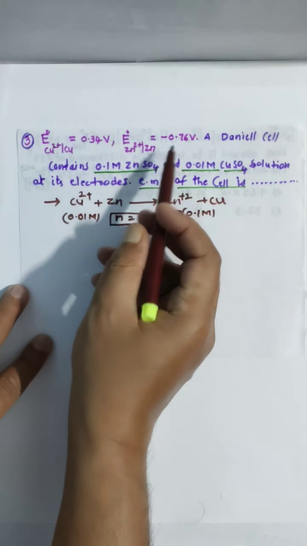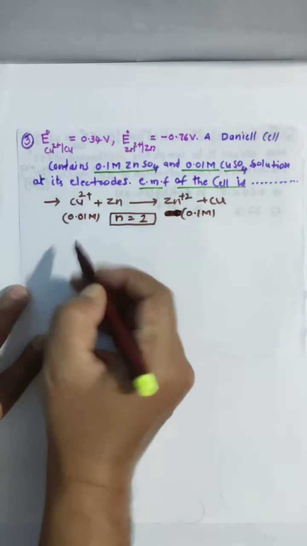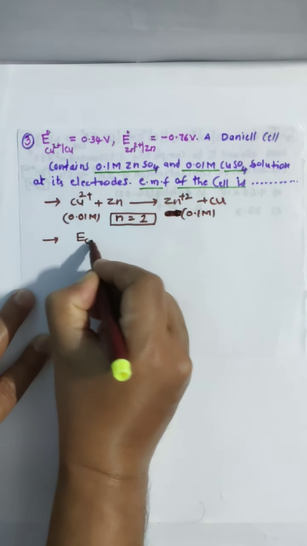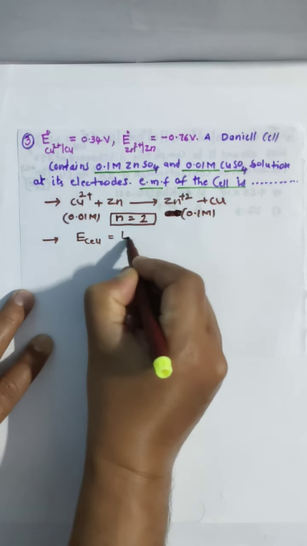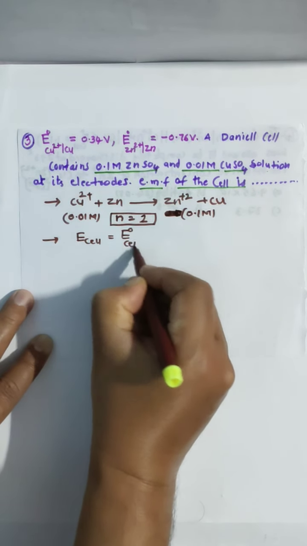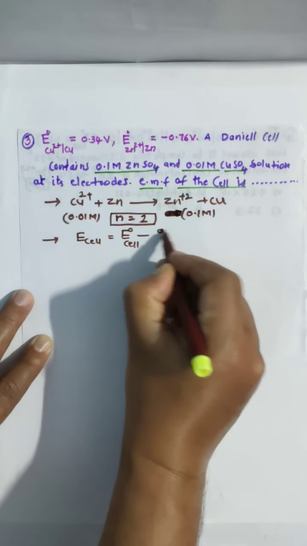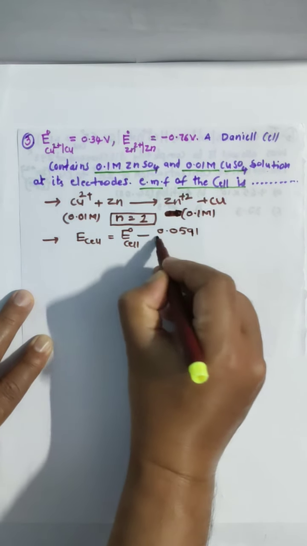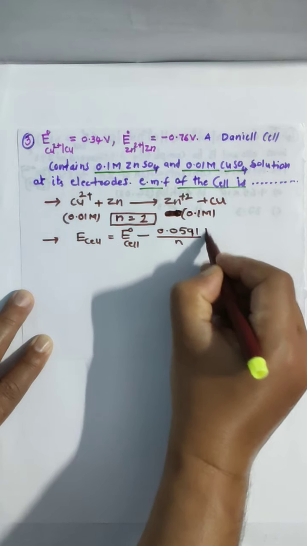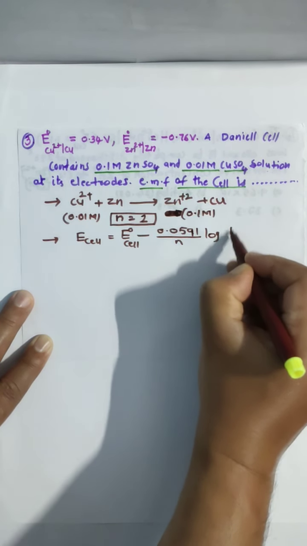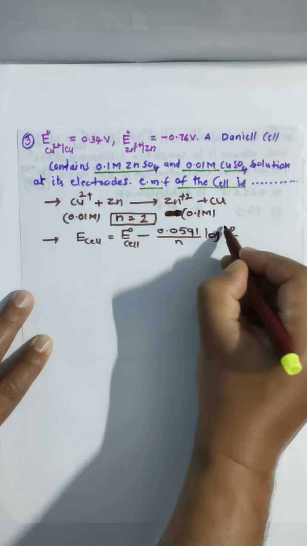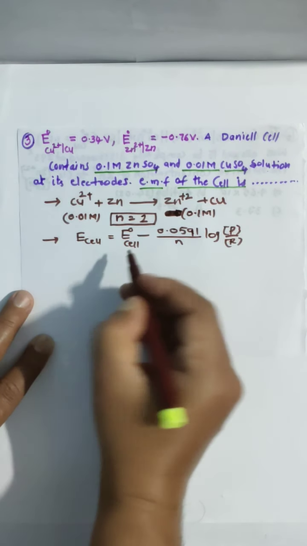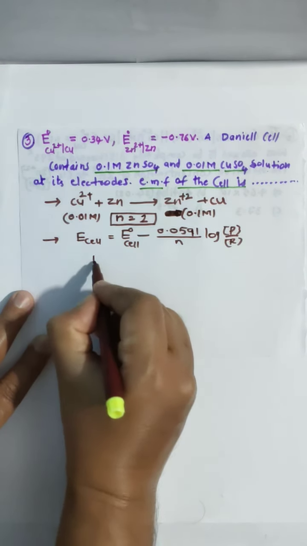But in the Nernst equation we have the formula E cell equal to E naught cell minus 0.0591 upon n log of product concentration upon reactant concentration. But E naught cell is not given, so first you have to calculate E naught cell.